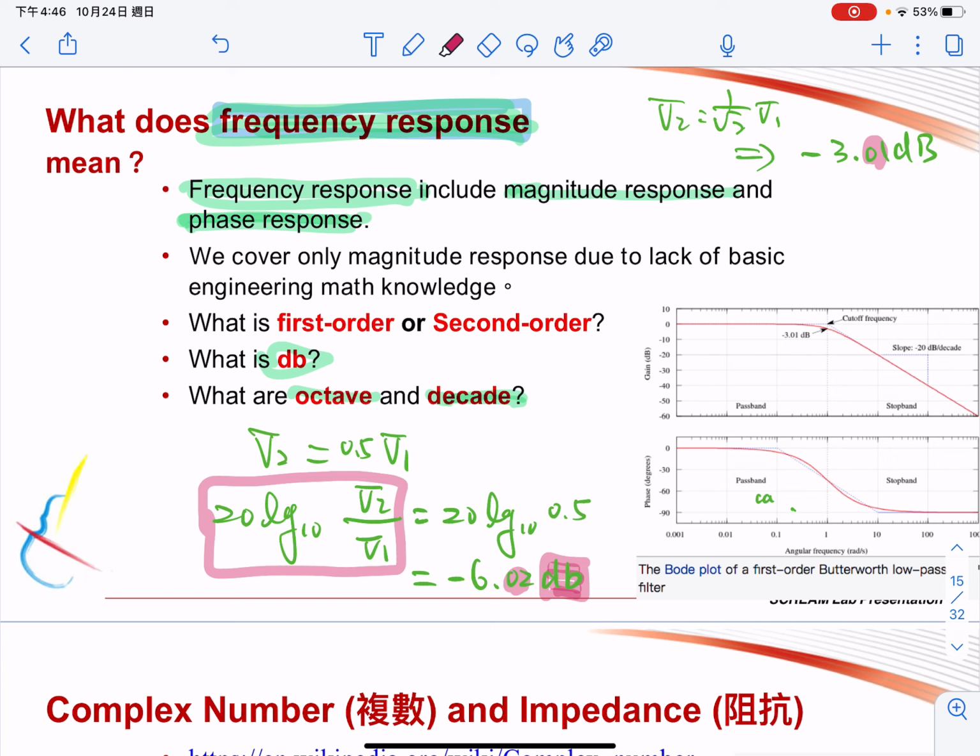Okay, but if V2 is 0.1 multiplied by V1, then it will be minus 20 dB, because if you remember, we use base 10 log here.